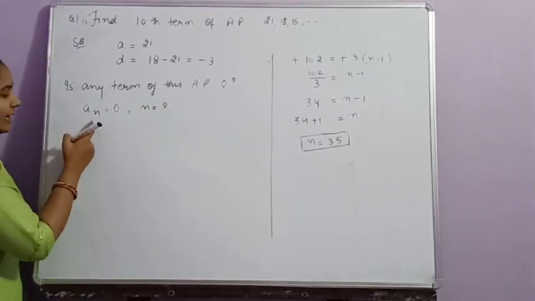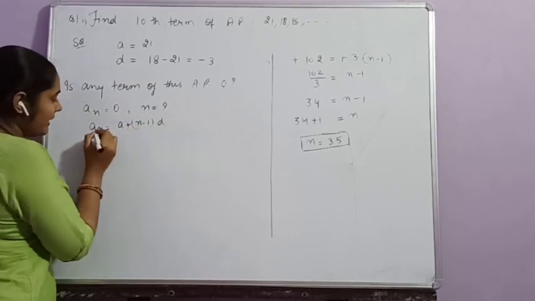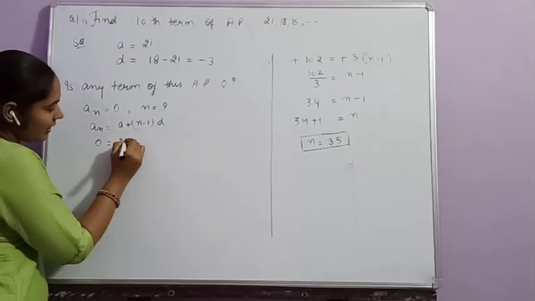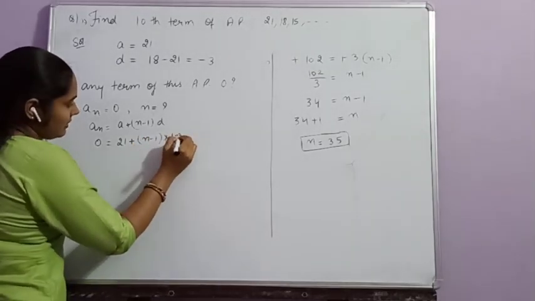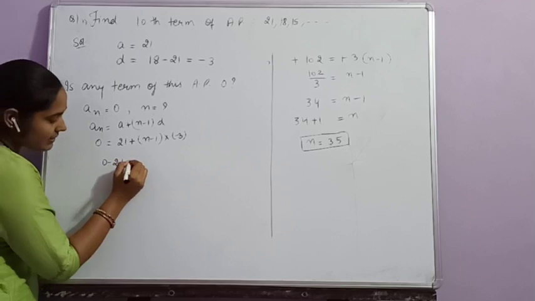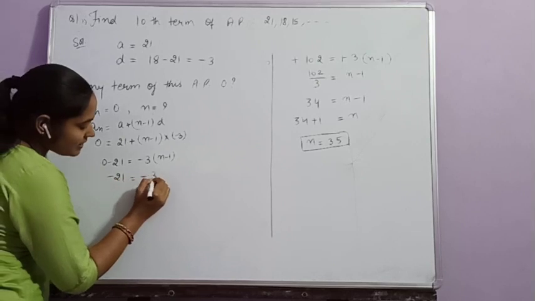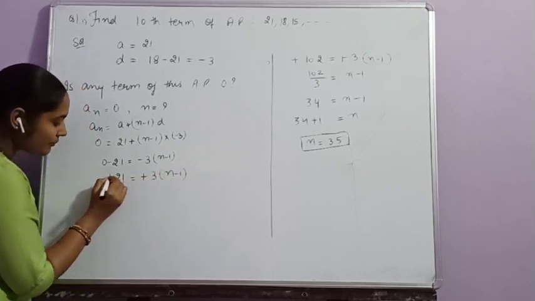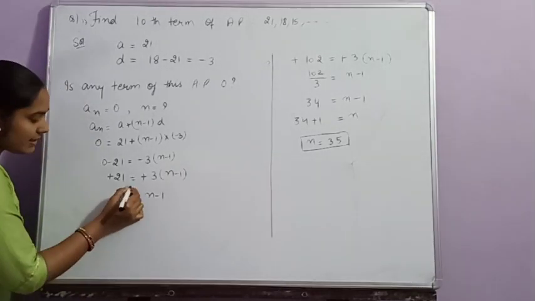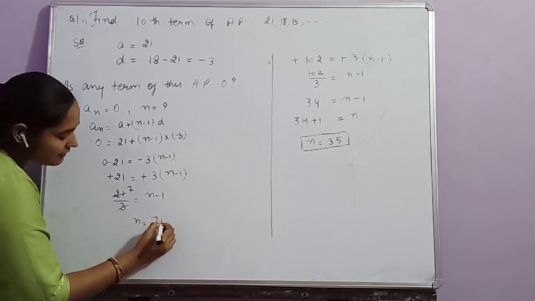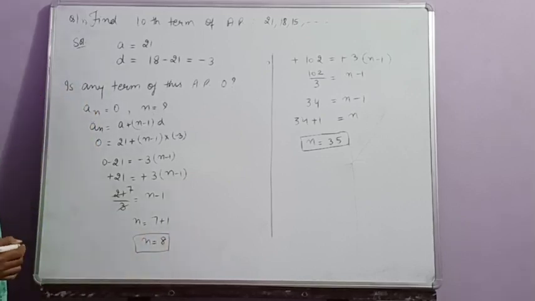We put it in the formula an equals a plus n minus 1 into d. an is 0, a is 21, plus n minus 1 into d, minus 3. 0 minus 21 is equal to minus 3 into n minus 1. Minus 21 is equal to minus 3 into n minus 1. The minus will be cancelled out. 21 by 3 is equal to n minus 1. 3 ones are 3, 3 sevens are 21. n will be 7 plus 1, that is equal to 8. It means the 8th term of that AP series is 0.